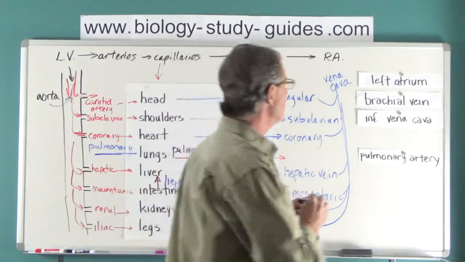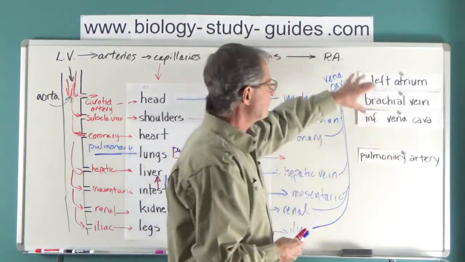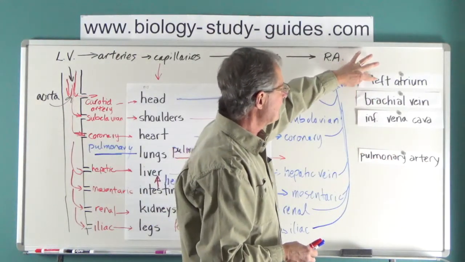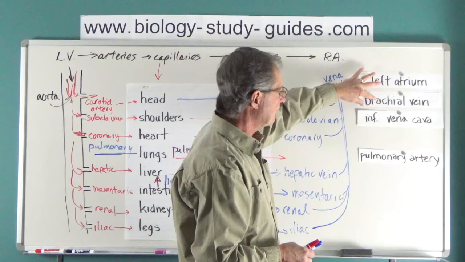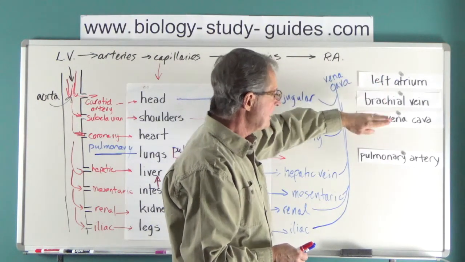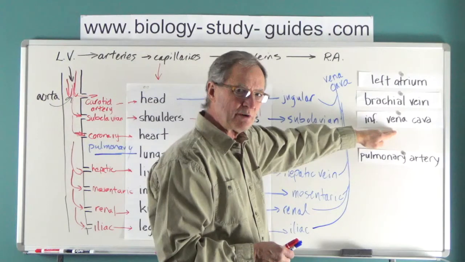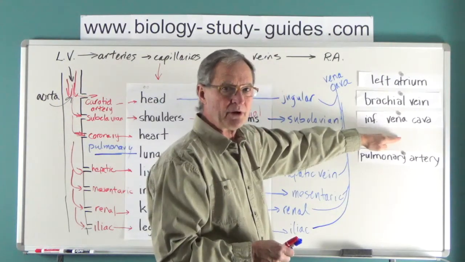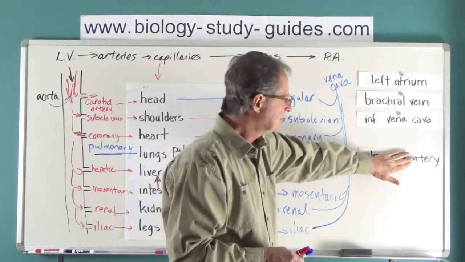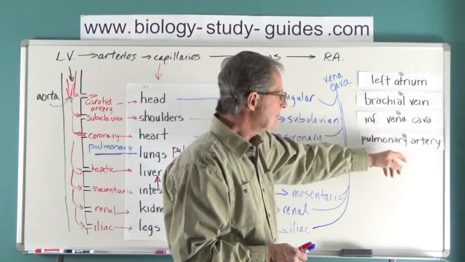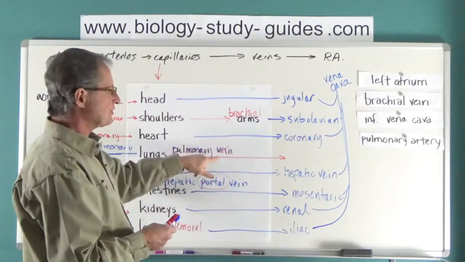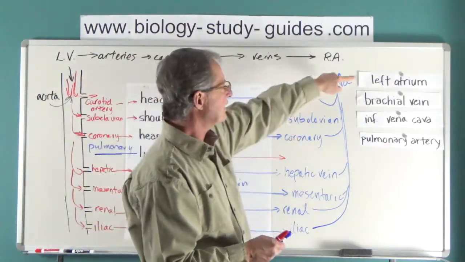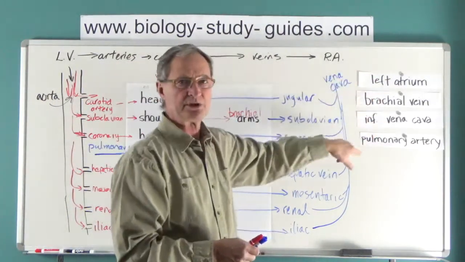So to put this one in sequence, we would have to suggest that left atrium, brachial vein, inferior vena cava, it goes into the right atrium, into the right ventricle, gets pumped out the pulmonary artery to the lungs, back from the lungs and the pulmonary vein, goes into the left atrium, so this would be a correct sequence here.